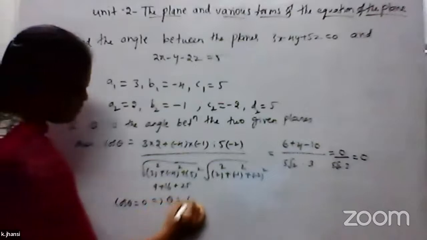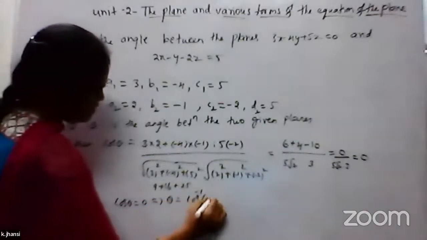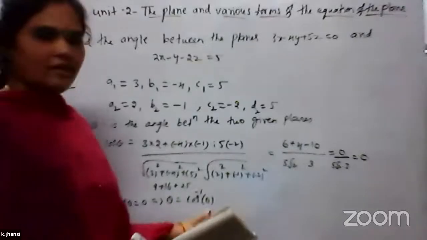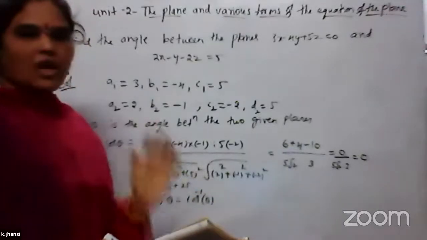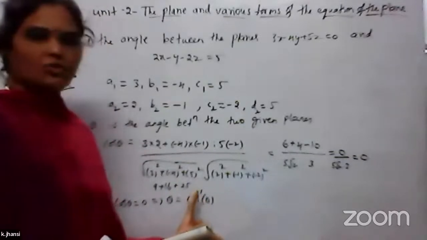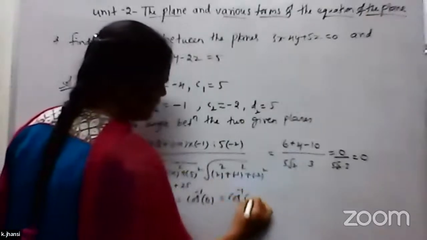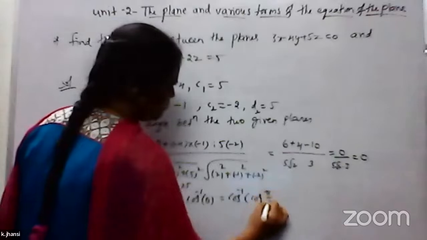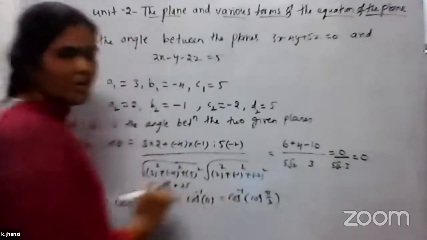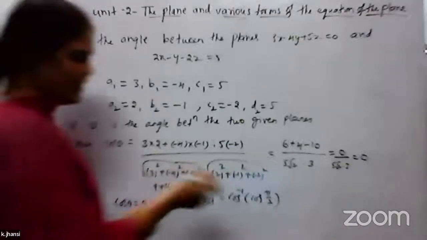This implies theta equals cos inverse of 0. So for what value will you get cos equal to 0? Cos 0 value is 1, but we need the 0 value here. So you'll get it for cos 90 degrees. Okay, so we can write this as cos inverse of cos pi by 2. The trigonometric function and inverse trigonometric function both will get cancelled.